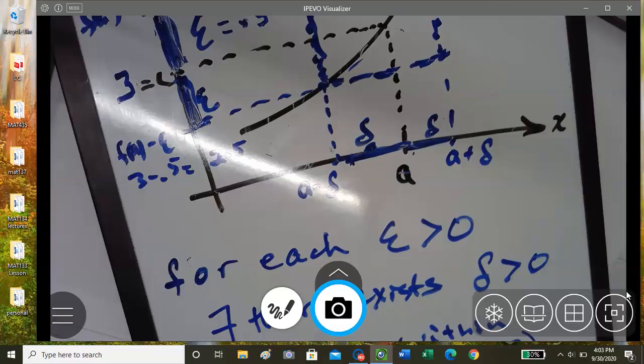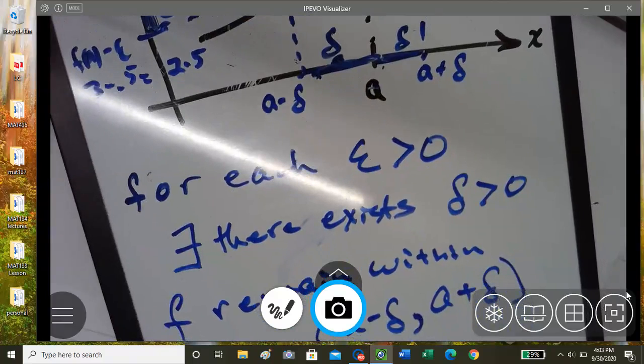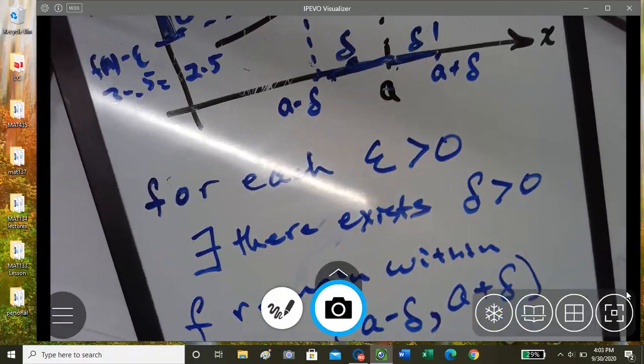And so the verification of continuity requires that for every epsilon greater than 0, we exhibit a delta and show that our function lies within the approximate rectangle. So we're given an epsilon and we need to find a delta.